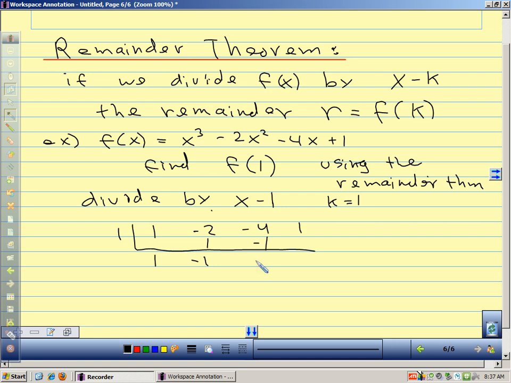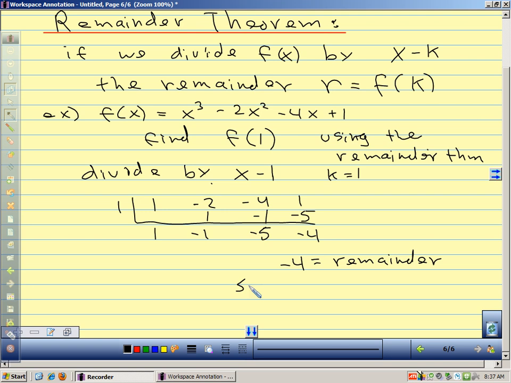Negative 1 here. 1 times negative 1 is negative 1, add those, negative 5. 1 times negative 5 is negative 5. Add those, and I get negative 4. So negative 4 is our remainder. So f of 1 equals negative 4. That's what the remainder theorem tells us.